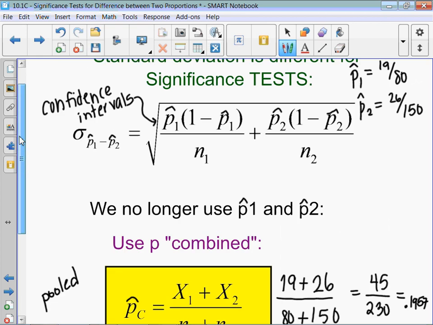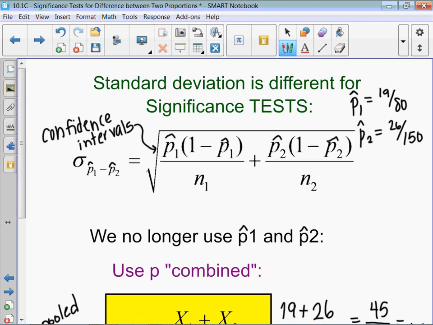So the formula that you want to write down is PC with a hat on it times 1 minus PC, plus PC times 1 minus PC. You're going to use the same number in all of these spots, but we are going to keep our separate n's, and our n's are the 80 and the 150 for this problem.